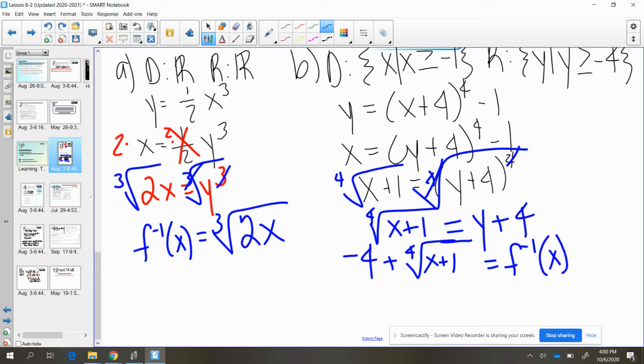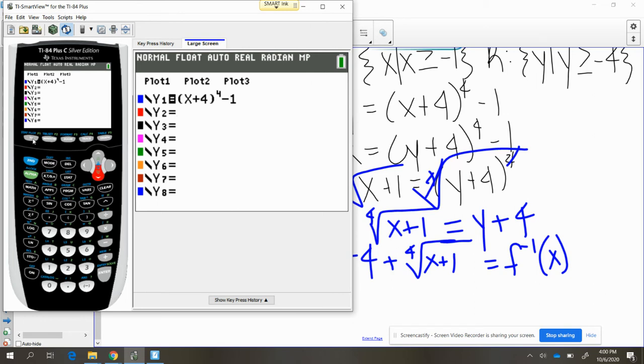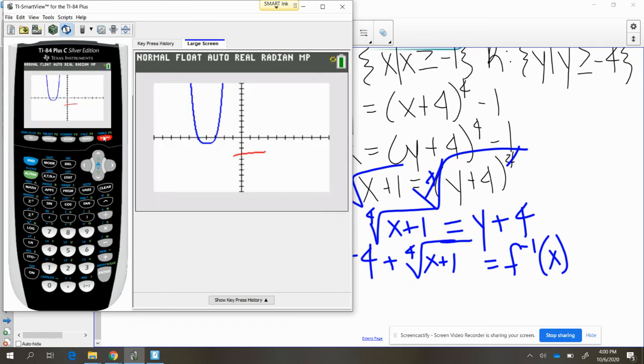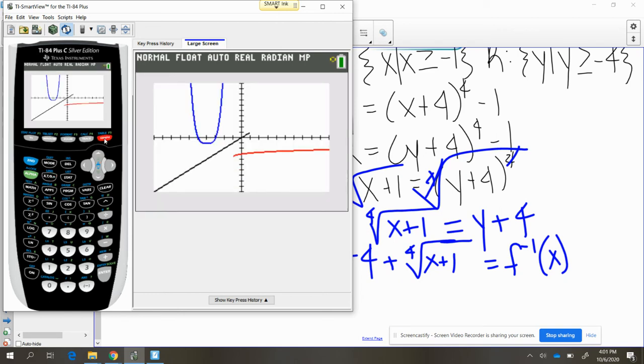Okay. Now, without even looking at it, again, we knew what the domain and the range were going to be because we flip-flopped the original one. But to double check this, we end up with -4 plus the fourth root of x plus 1. And if we graph this, again, if we had our line y equals x in here, what we would notice is this is the reflection over that line, so this looks good to go.